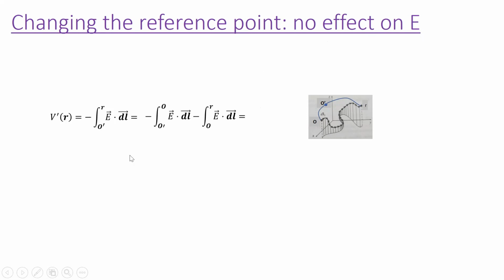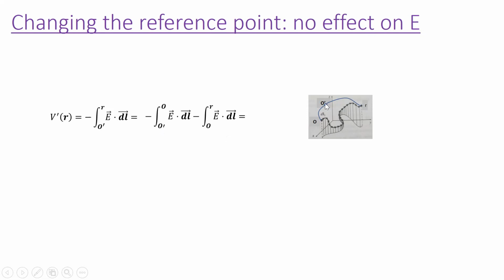So we can write this as the integral from O prime to O minus the integral from O to R. So we go from O prime to O and O to R, and that is the same as going from O prime to R.